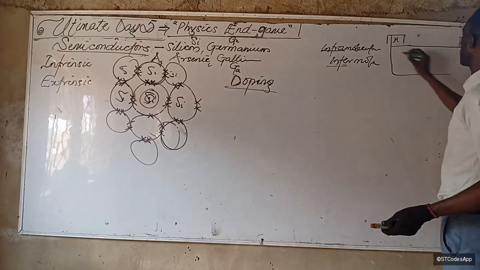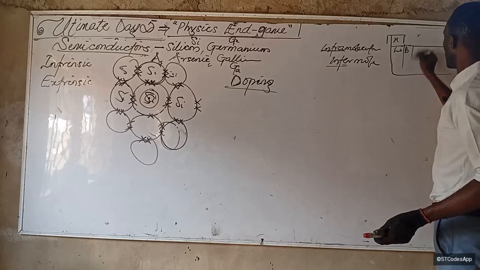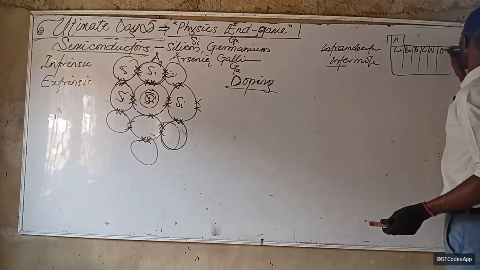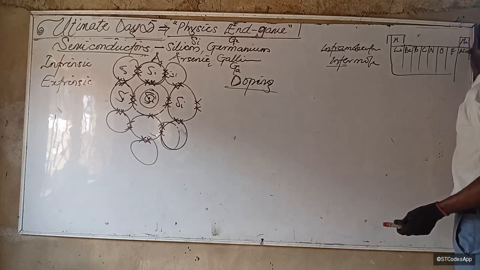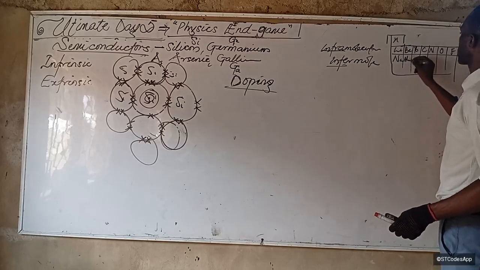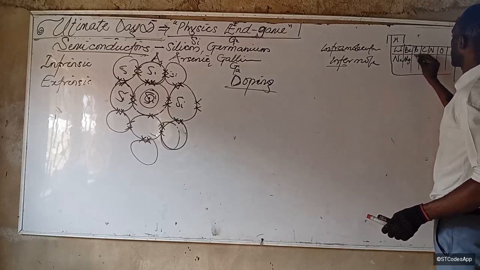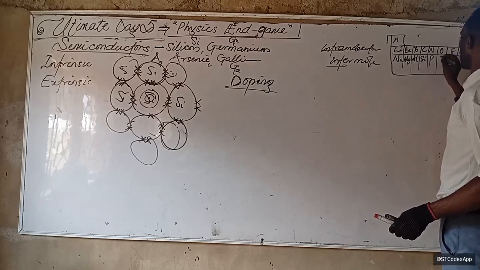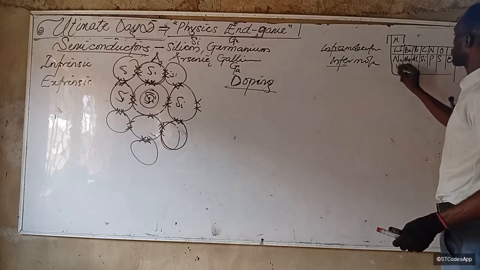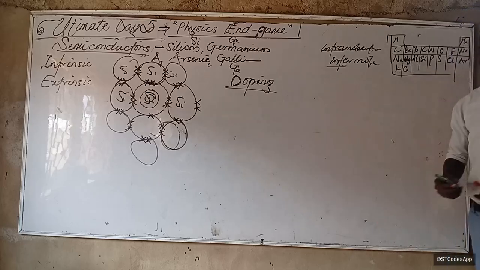Hydrogen, helium, lithium, beryllium, boron, carbon, nitrogen, oxygen, fluorine, neon, sodium, magnesium, aluminium, silicon, phosphorus, sulfur, chlorine, argon, potassium, and calcium.